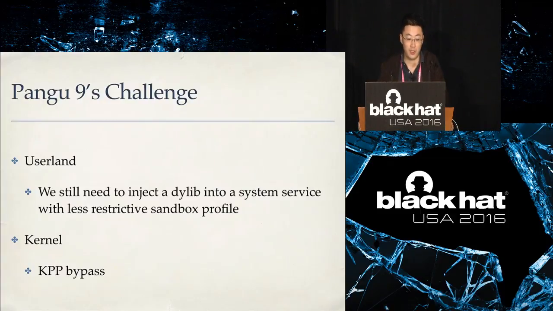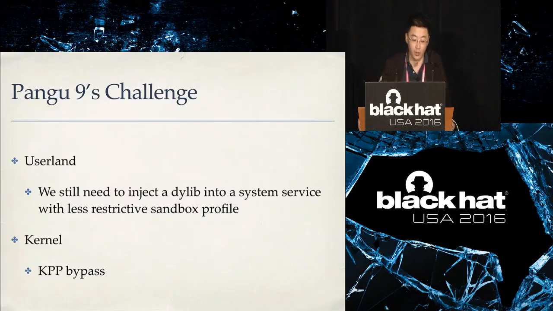And now, what's the challenge for us for Pangu 9? At that moment, the vulnerability we had could not be exploitable inside the container. So we still need to inject a dynamic library into a system service. And on the kernel side, we noticed that since iOS 9, KPP is enabled, kernel patch protection.